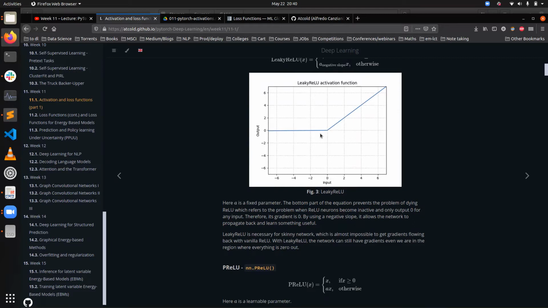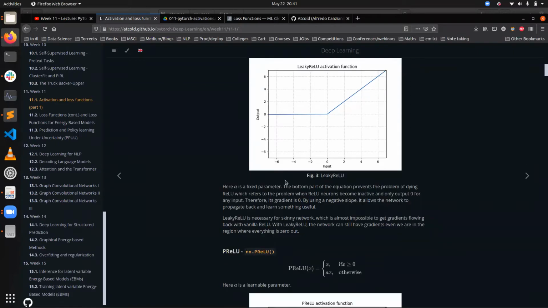When the gradient is just 0, no output, no gradient. When the value is negative, no gradient flows because the slope in the negative region is 0. So there is no learning that happens and the neuron just dies. To avoid that, you have a small slope in the negative region.